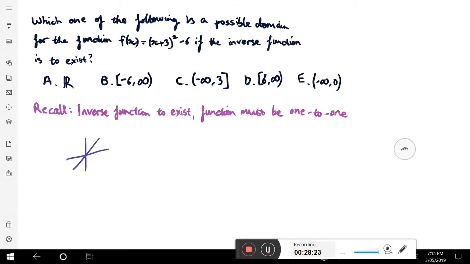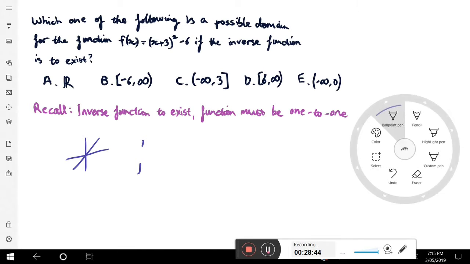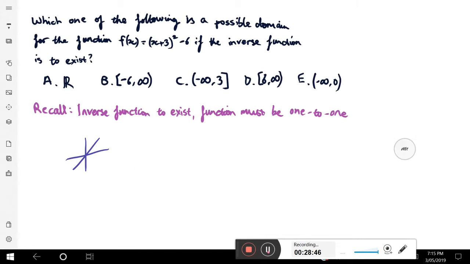So one x value for one y value, or many-to-1. An example of that would be quadratic.